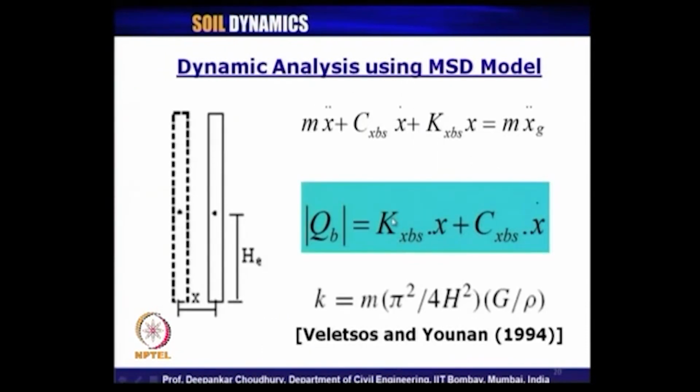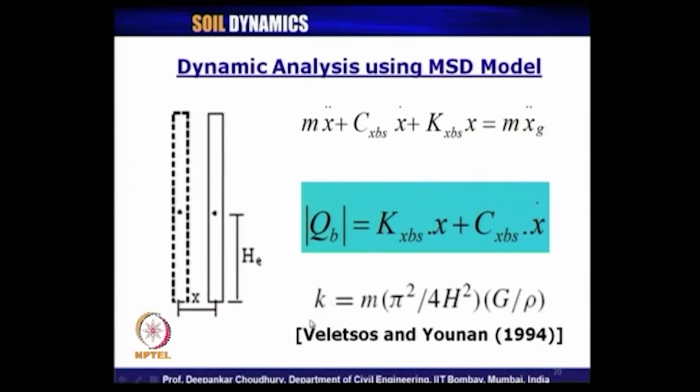So, that is why this stiffness times displacement plus the damper times velocity will give us the value of how much dynamic earth pressure is acting on the wall.